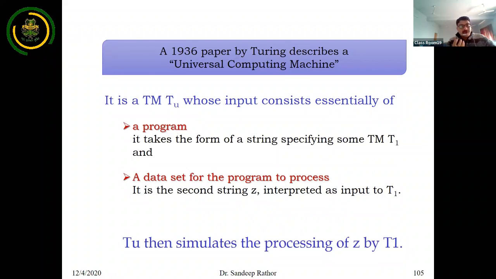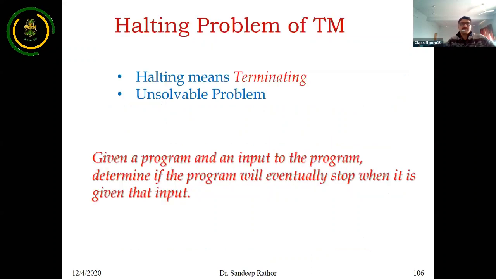The program is simply a machine that takes the string in the specific format and executes the code to check whether the string is accepted or not. It was proposed by Alan Turing in 1936 under the name universal computing machine.